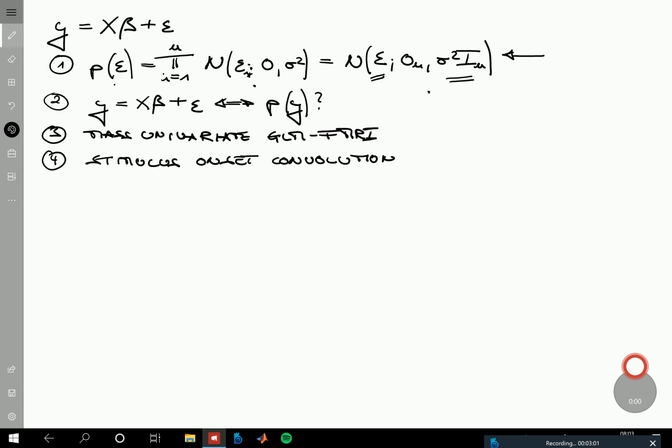Well, it's essentially crucial because we formulate the GLM here always in terms of the distribution of an n-dimensional vector. We also have here an epsilon, which is an n-dimensional vector. And the crucial thing is that when we talk about the GLM, we talk about a multivariate Gaussian.